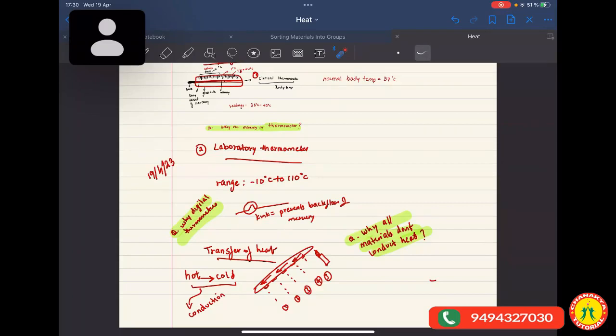It's a small homework, a small activity you have now. Use your Google and find out how conduction of heat occurs from hot to cold object. I want you to write it down and send an image on WhatsApp. Find it right now, and once you're done, just send me the image.